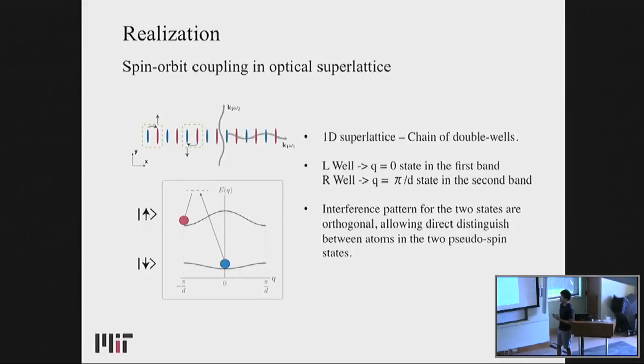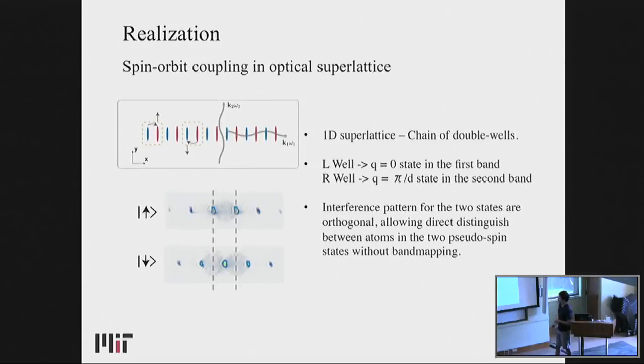If we have a state in the quasi-momentum equals pi over d state, we expect another time-of-flight diffraction pattern. But these two patterns are totally orthogonal to each other, which means that if we just do a time of flight and take a single image, we can tell which atoms are in the q equals pi over d state and which atoms are in the q equals zero state, without actually doing any band mapping techniques.